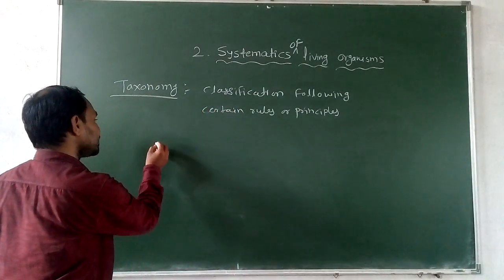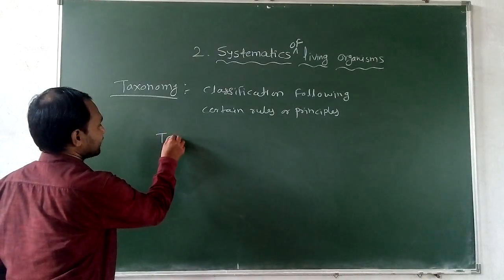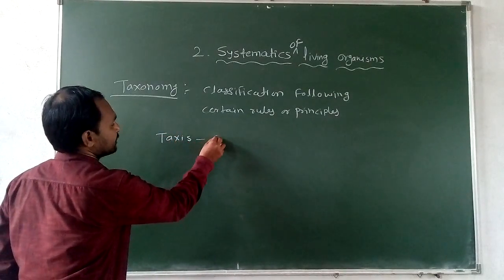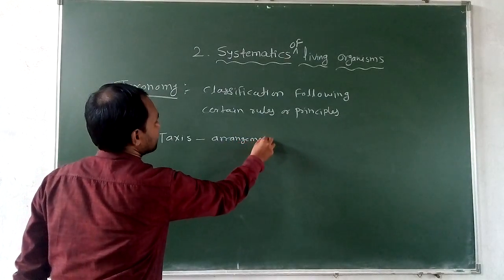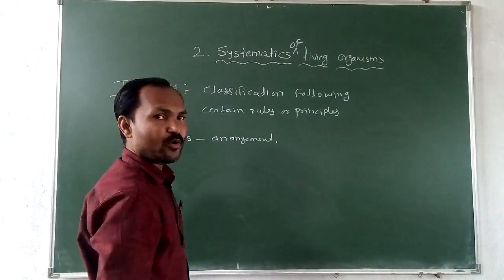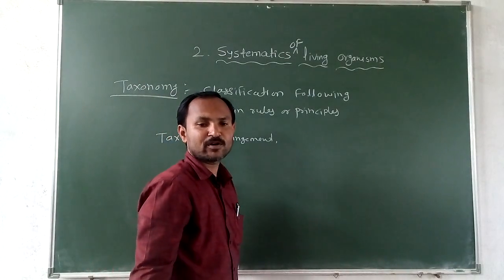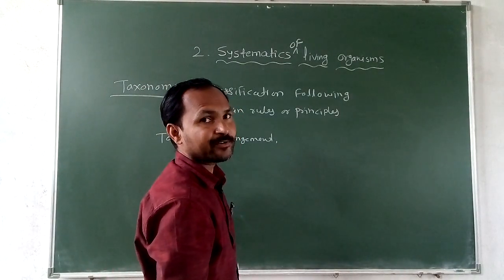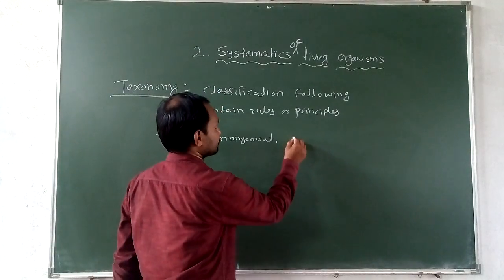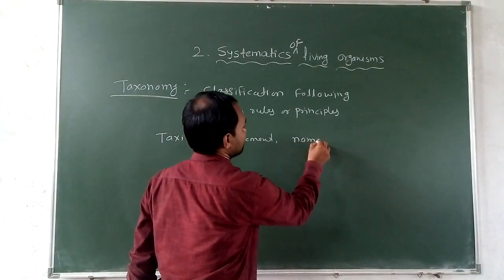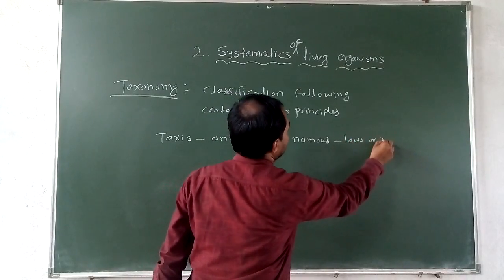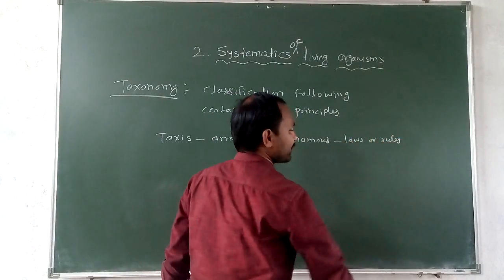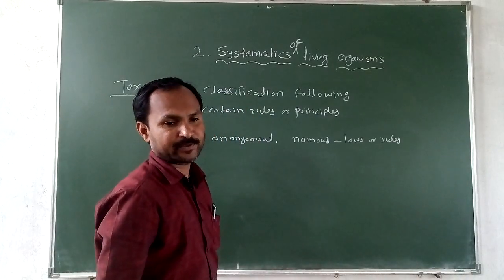That word comes from the Greek language. Taxis means arrangement, and nomos means what? Nomos means law or rule. This is the meaning of that word taxonomy.